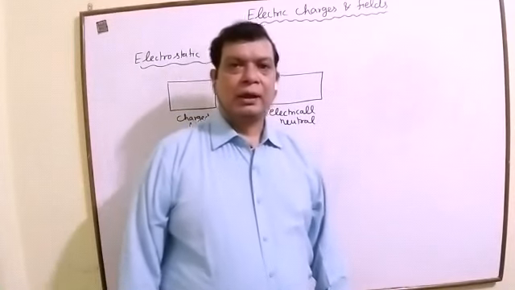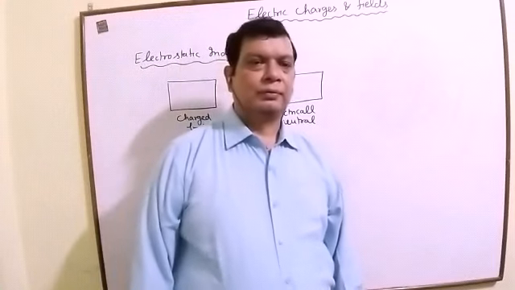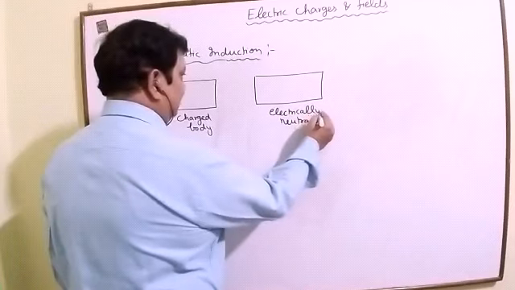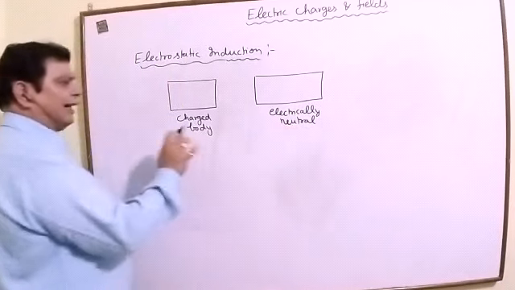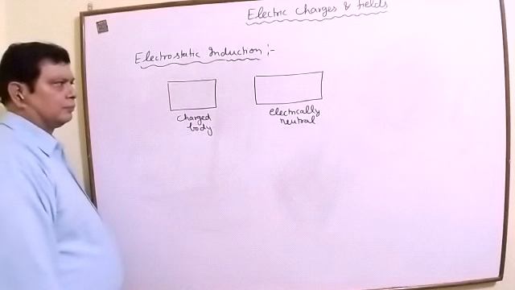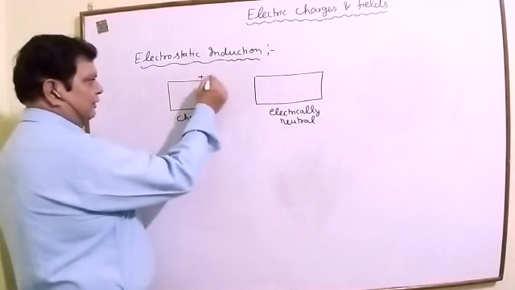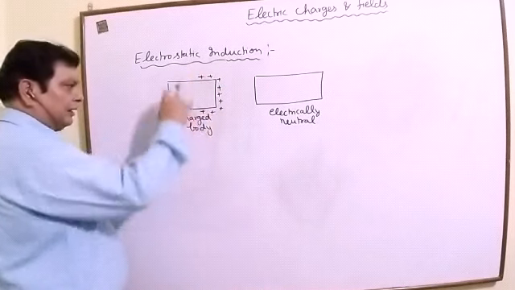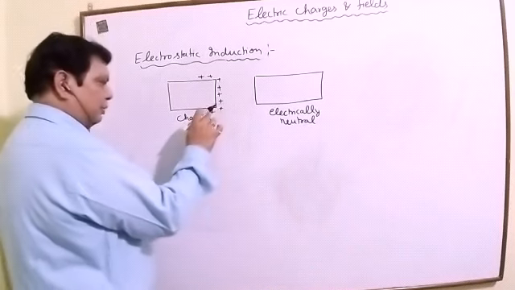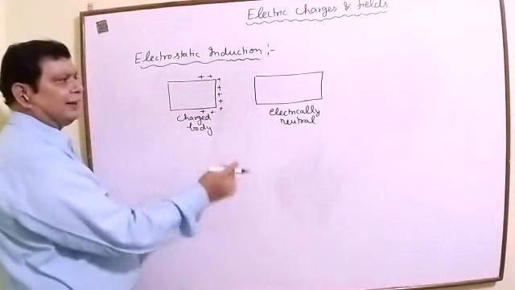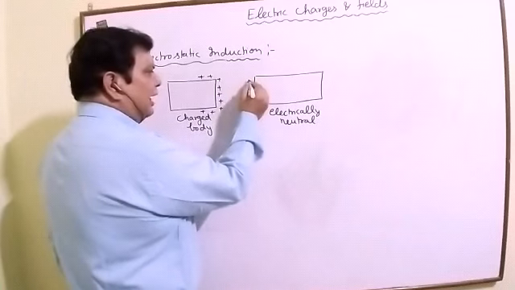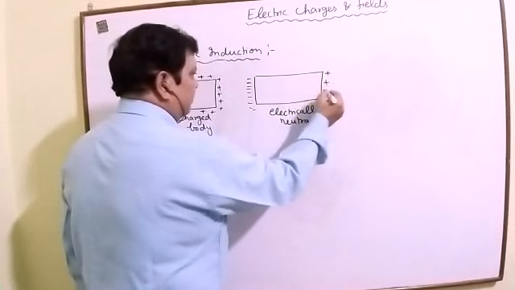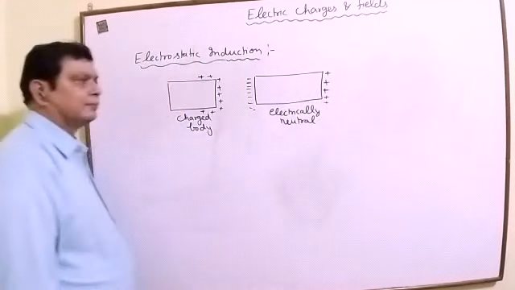Now the next topic is electrostatic induction. What is it? Suppose there is an electrically neutral body and near it a charged body is brought. Let us say it is positively charged. Now, due to the electrical influence of these positive charges, it is seen that at the near end some unlike charge appears, and at the far end some positive charge appears.